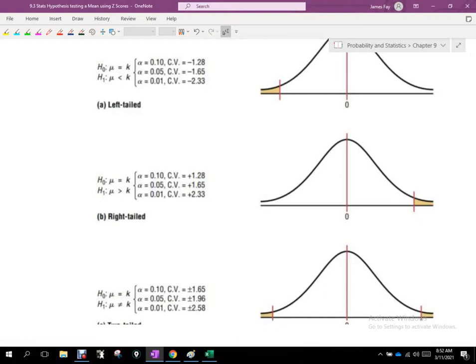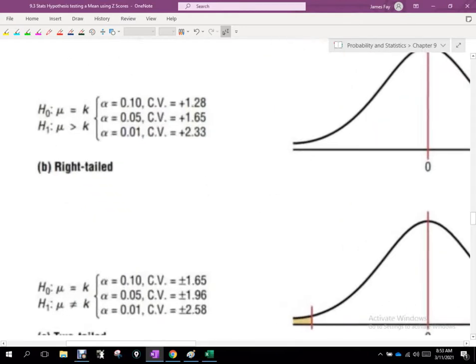And for 1%, it's 2.58. And those are exactly the same z-scores that we were using for confidence intervals. And you see there, in the case of a two-tailed test, they are the positive and negative versions of those.